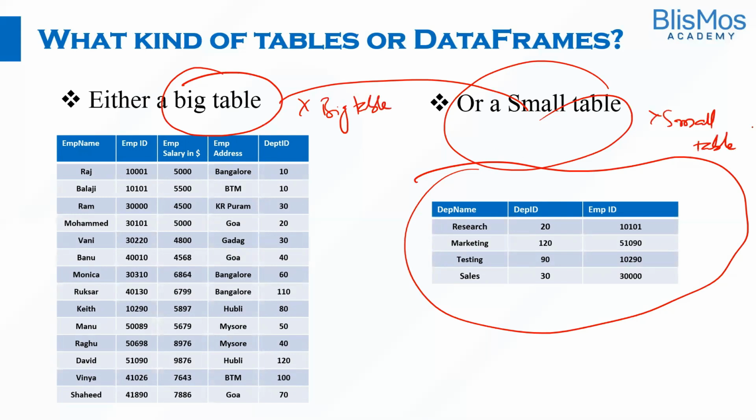These are the different combinations which are possible whenever we want to join two data frames or two tables as a part of Spark, isn't it? Now we understood that whenever we want to join two data frames, we may have big table to big table, small table to small table, or big table to small table. We need to understand how Spark does this communication between the different partitions of the data in different executors.